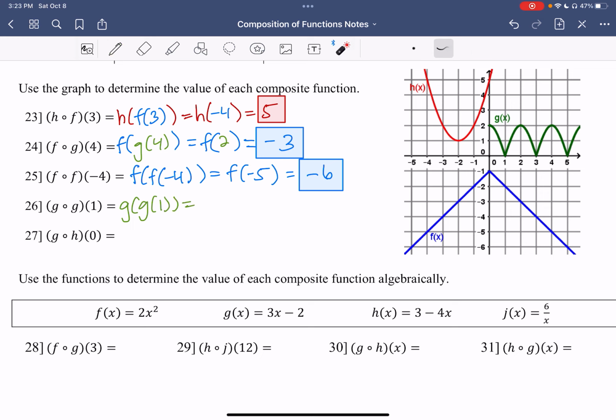You go to g of 1, when x is 1, your y value is at 0. And then when your x is at 0, your y value is at 2. Okay, g of h of 0. When h is at 0, your y value is at 5. And when g is at 5, you're at 0.